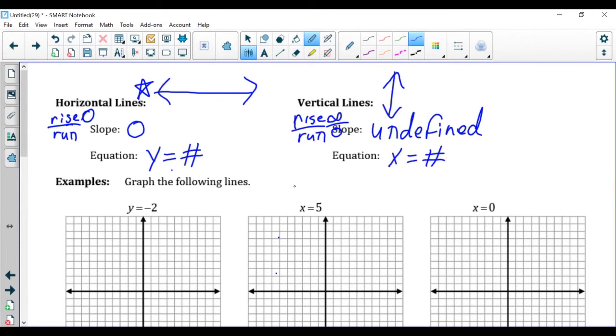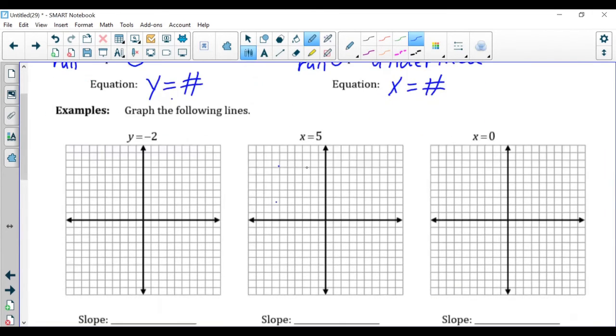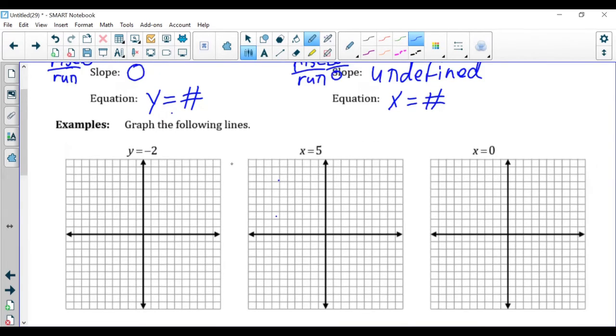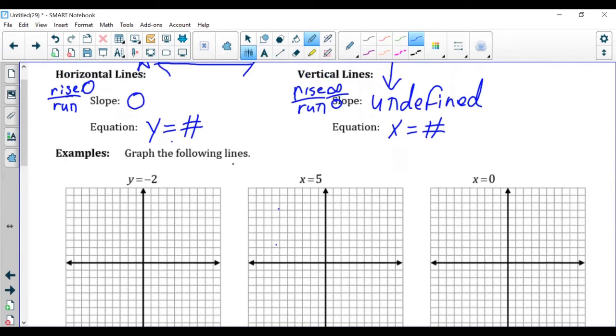All right, so let's look at these. All right, y equals -2. What did we just say a y equals graph was? It's horizontal. So we know this is going to be horizontal. But how do I graph it? Well, let's use the only piece of information we have, right? y equals -2. So y equals -2 right here.